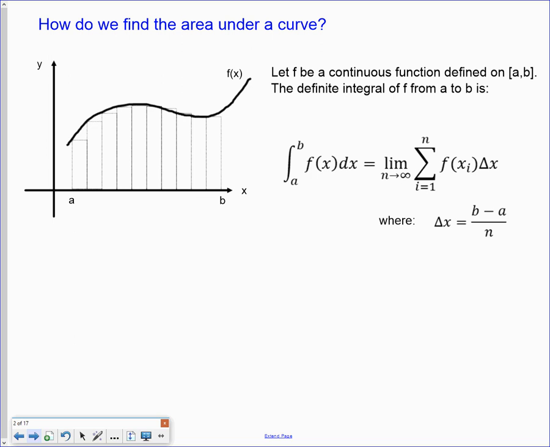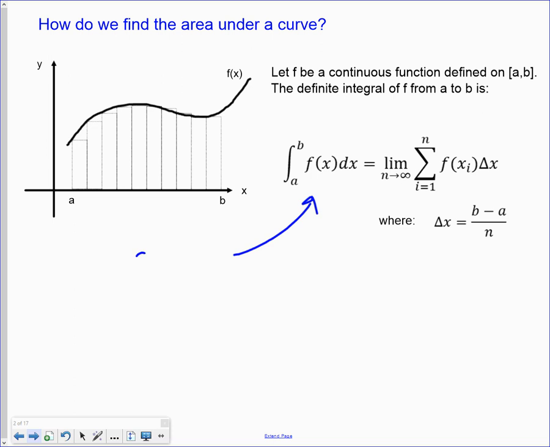And this was so important to us that we developed this formulation here for this limit as n goes to infinity of this sum of the areas of all of these little rectangles. And we called this our integral, so the integral from a to b of f at x dx.